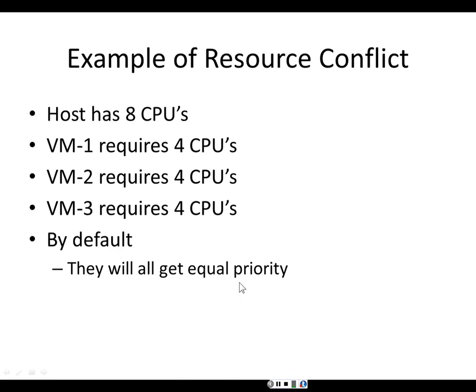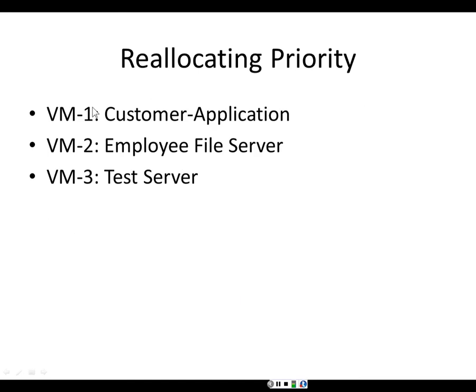balance the priority. But let's say we've got these 3 virtual machines, and one's a customer application, another's the employee file server, and another's the test server, and this is a really important virtual machine. So instead of having it only get 1/3 of the CPU utilization, I would like the customer application virtual machine to get a full 50% of the existing CPU utilization, and then the employee file server and the test server only get 25% each.